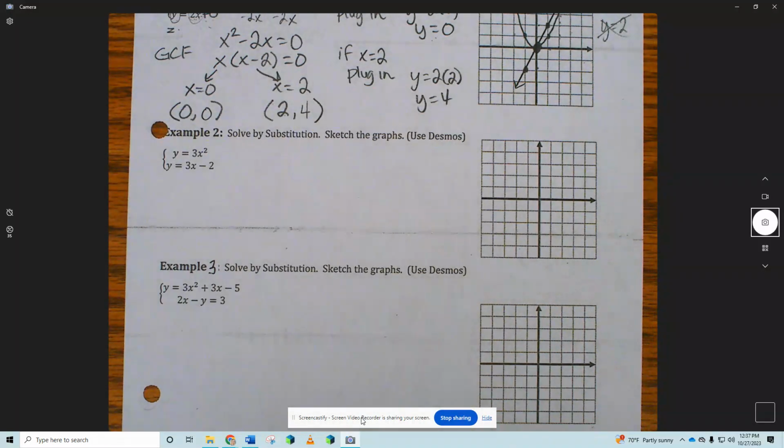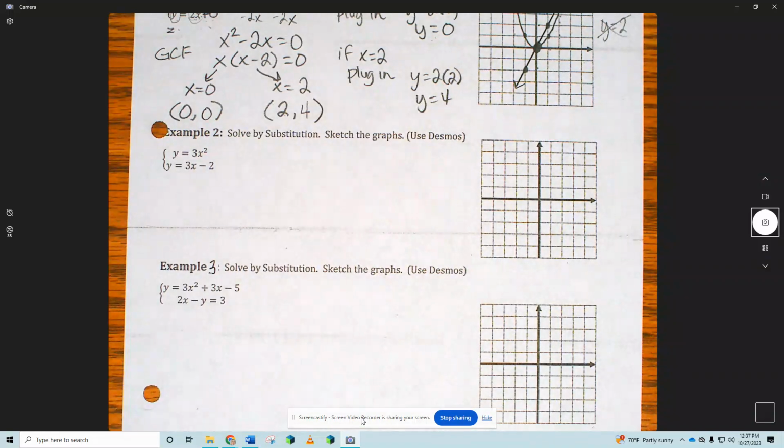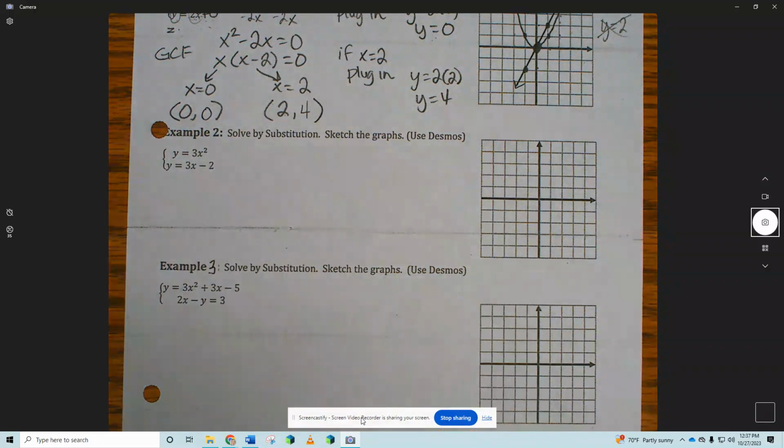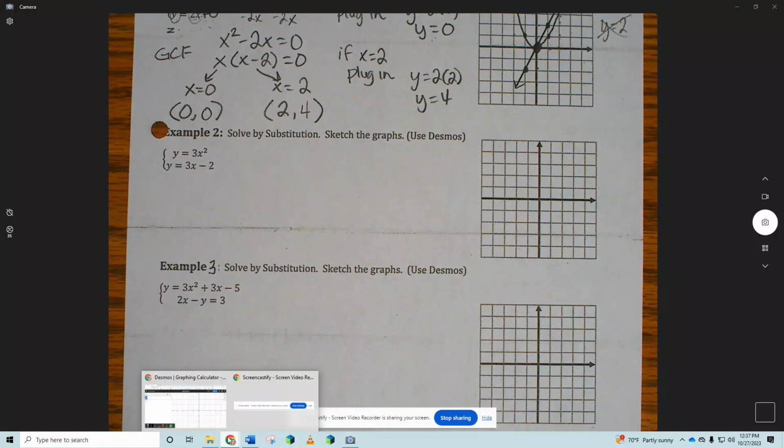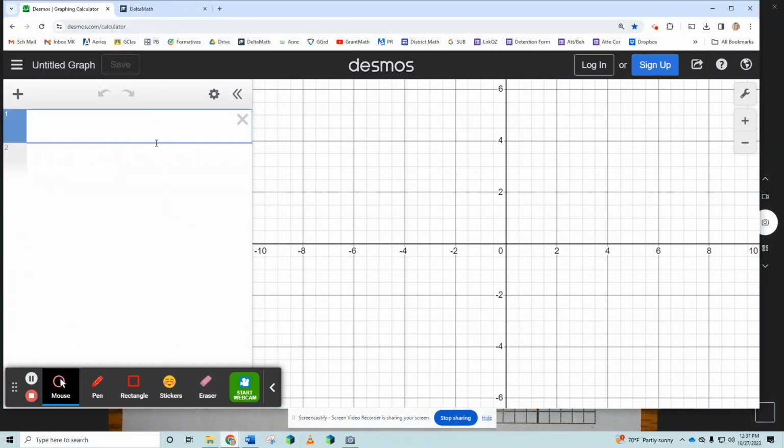We're not going to do substitution method because the equations would be too, let's see. So let's go to Desmos. So you guys can go to Desmos too. You need to make 3x squared, 3x, wait, what is that?